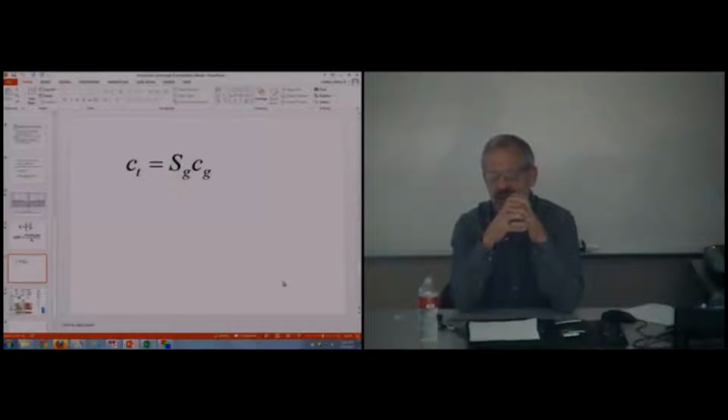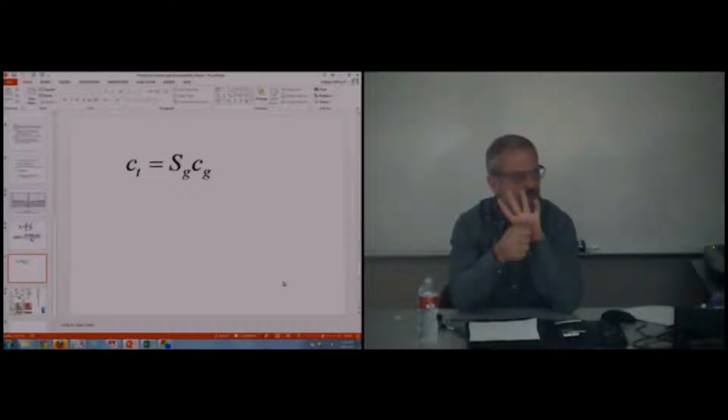Now, I said by and large that rock doesn't move too much, but we actually have to account sometimes for the compressibility of the rock as the pressure drops inside of the core, but we definitely have to account for the compressibility of the gas itself. Now, CG is a fluid property, like the other 5 fluid properties that we're looking at, a function of pressure, temperature, gas gravity, and impurities.